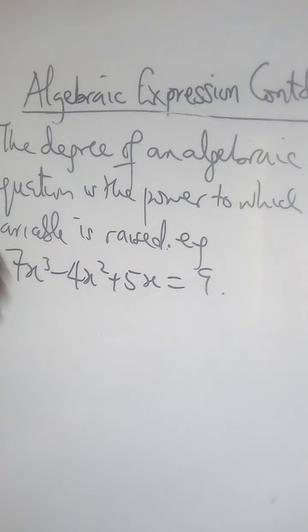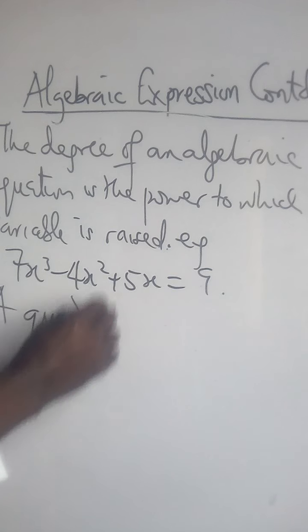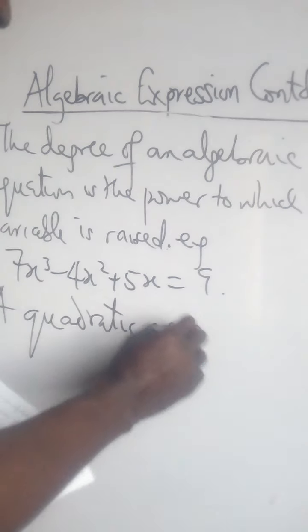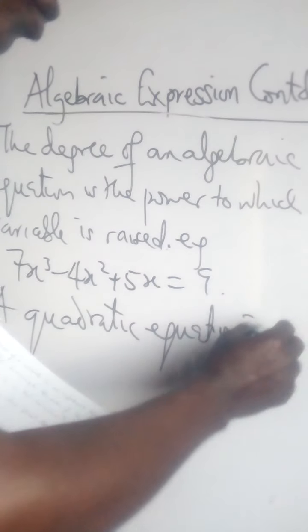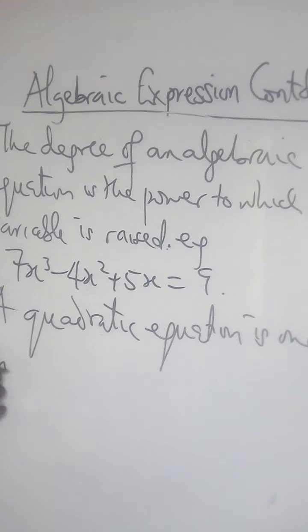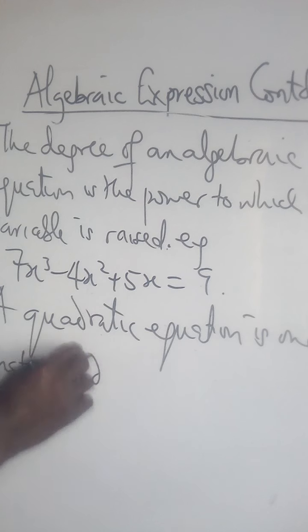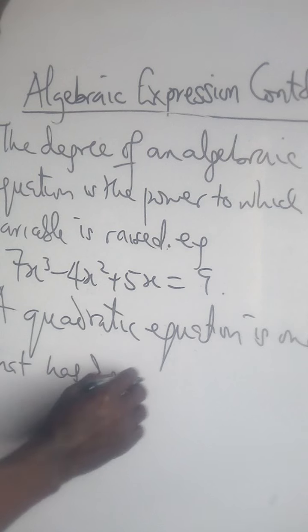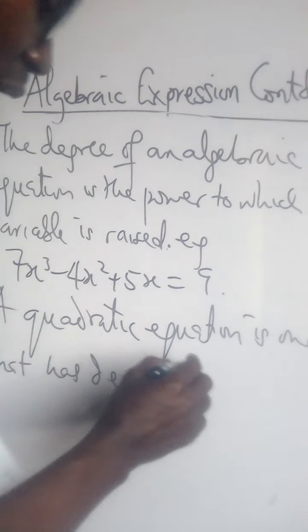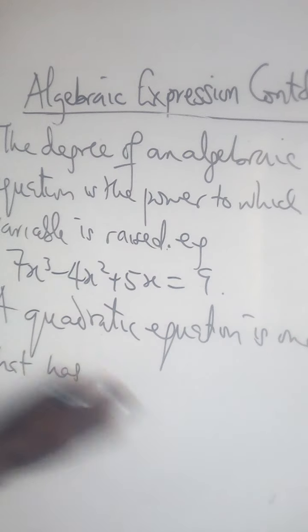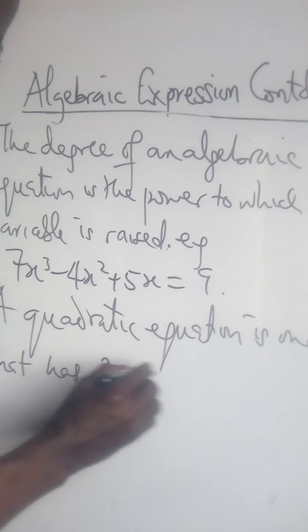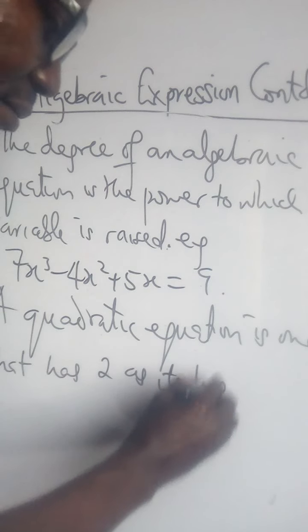So this will lead us to algebraic equations with the highest degree of 2. We have a quadratic equation. A quadratic equation is one that has 2 as its highest degree.